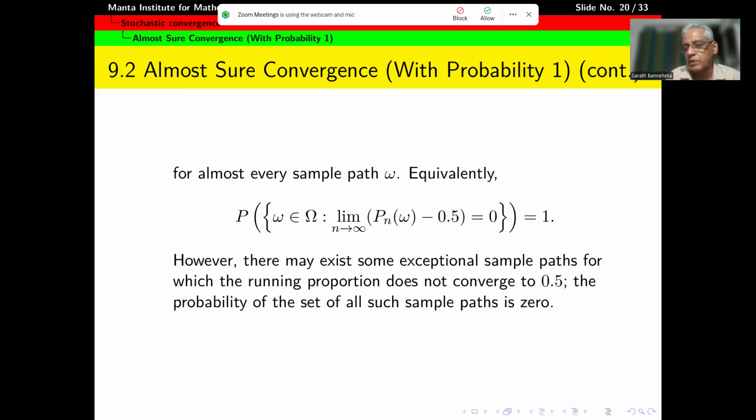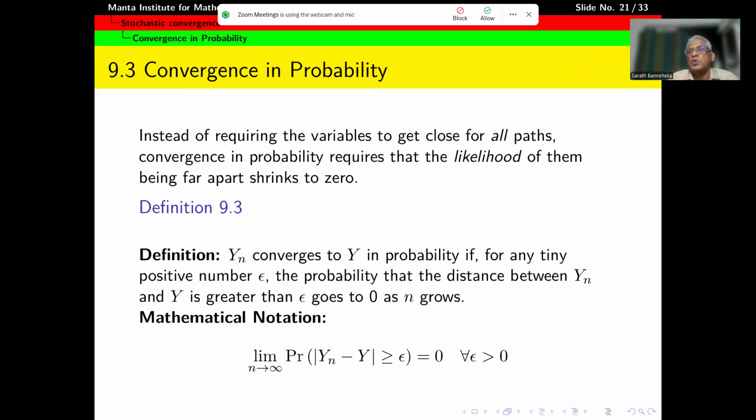It may be converging to some other value, or doesn't converge at all. But the probability of that set will be 0. So according to the definition of almost sure convergence, the sequence P_n will converge to 0.5 almost surely. So that is the most practical, strongest mode of convergence we usually talk about.